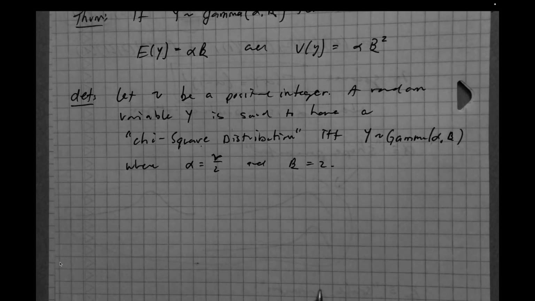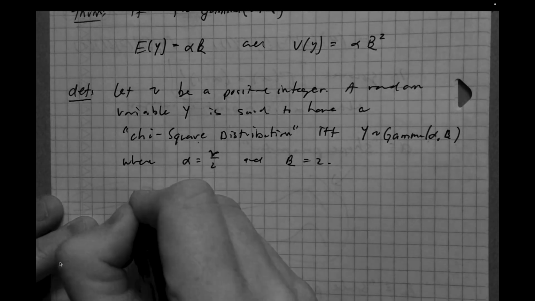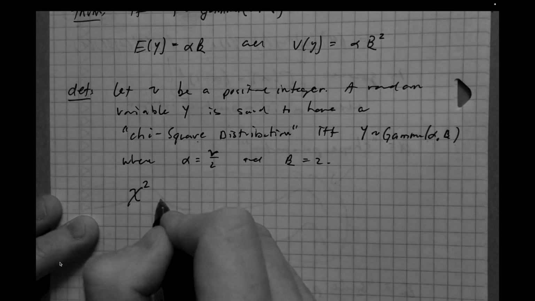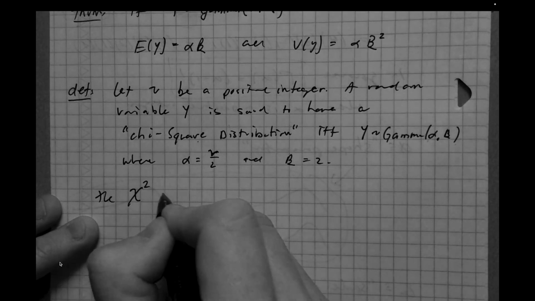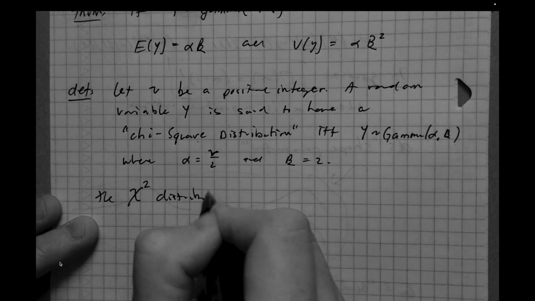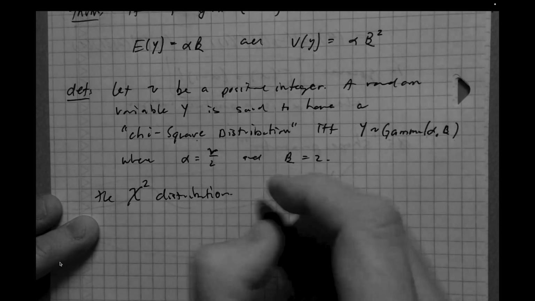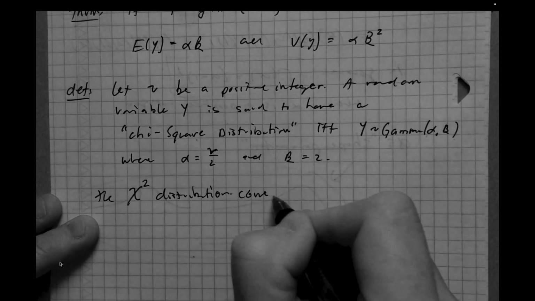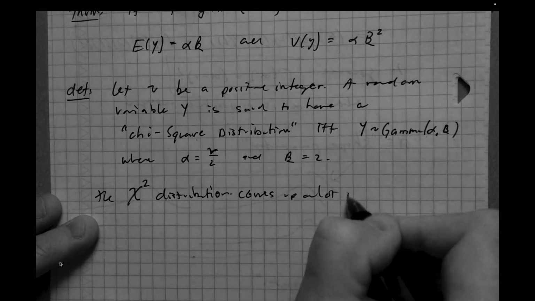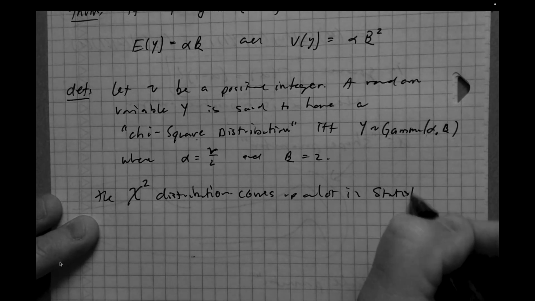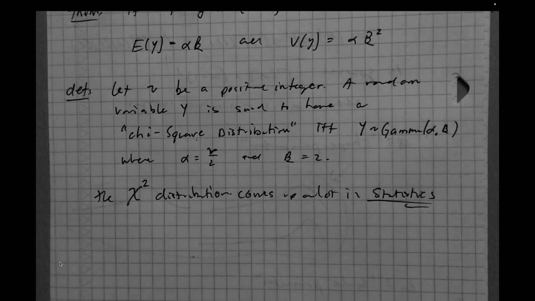We'll frequently refer to this using the notation chi-squared. The chi-squared distribution comes up a lot in statistics. You may have seen it if you've taken an elementary statistics class, actually.